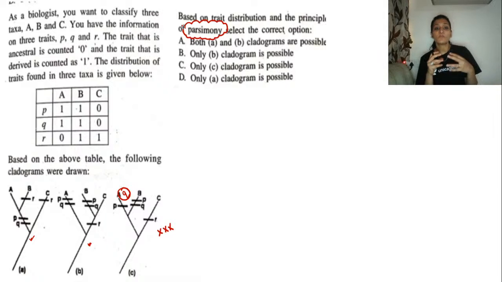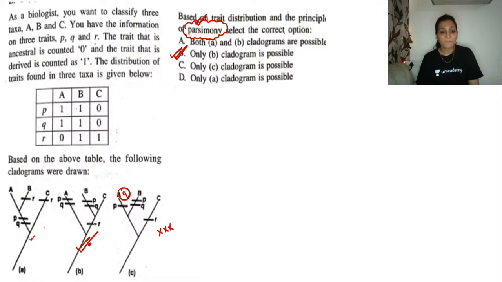If you are thinking that A and B both are correct, then the question should not contain the word parsimony. Yes, they are correct, but it is not according to the parsimony principle. According to the parsimony principle, only option B is correct because this is nearer.